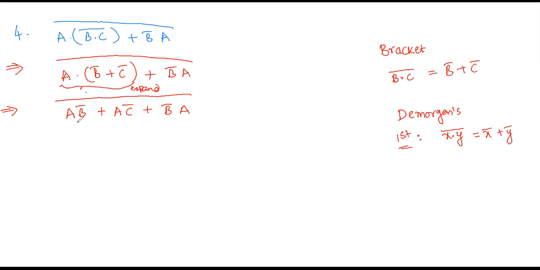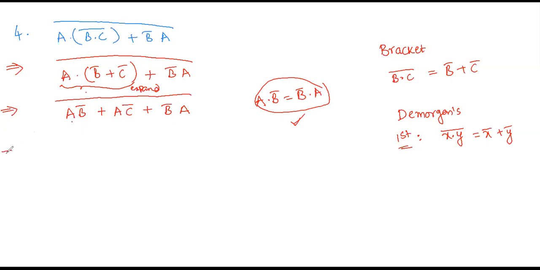Now AB bar is there, B bar A is there. We know A dot B bar is equal to B bar dot A. From commutative law, these both are same.